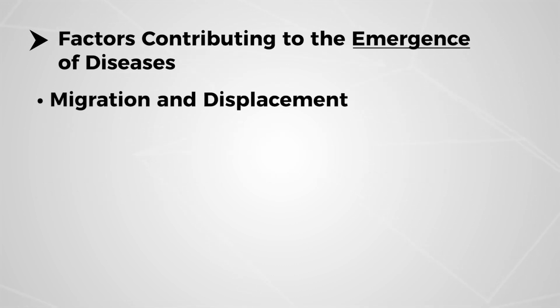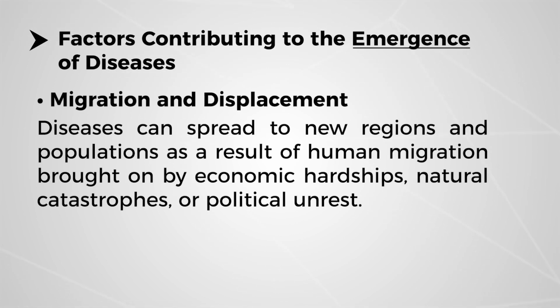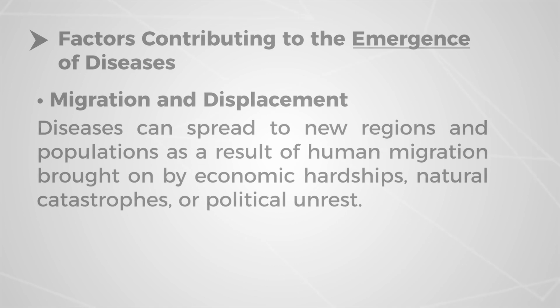Then migration and displacement: disease can also spread to new regions because of migrations of populations as a result of human migrations brought on by economic hardships, natural catastrophes and political unrest. When people migrate from one place to another, they may carry disease to places where there was none, and because of migration that type of disease emerges.